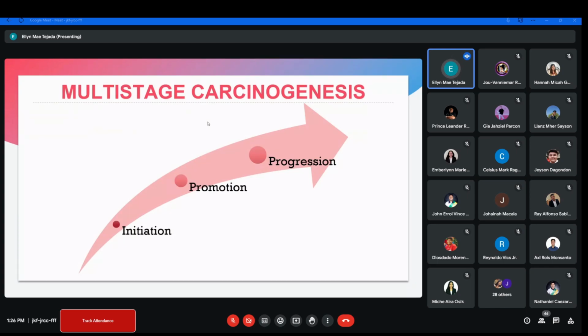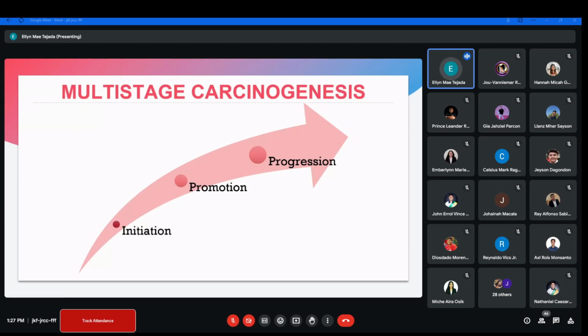Now let us see how the process of carcinogenesis goes. As you can see on the screen, it comes first with initiation, secondly it goes to promotion, and lastly it goes to progression. Now, the carcinogenesis process involves this kind of series.